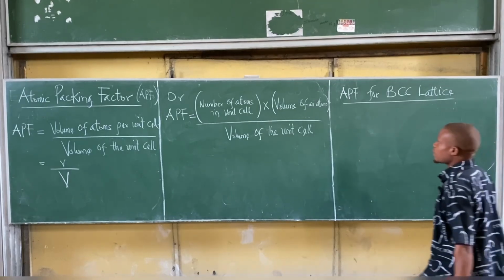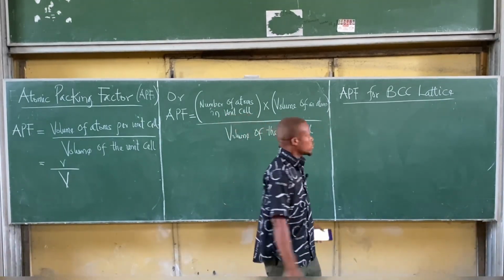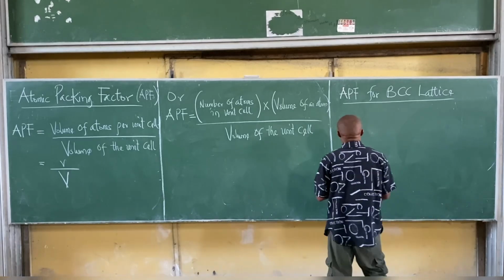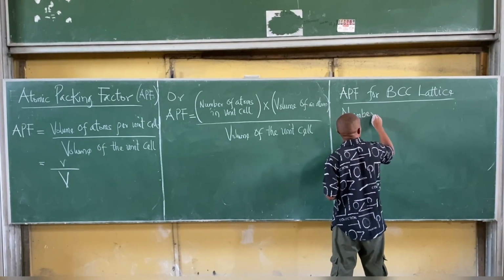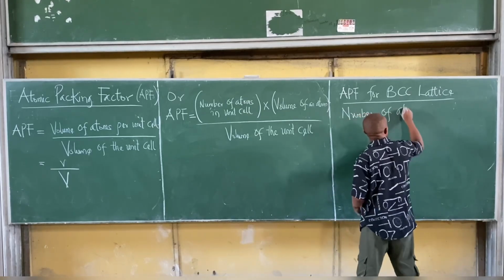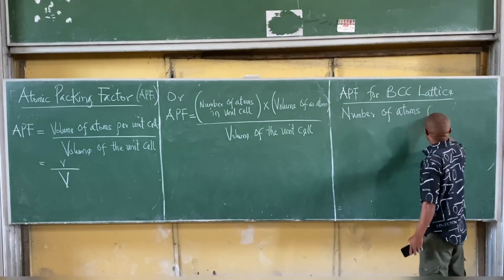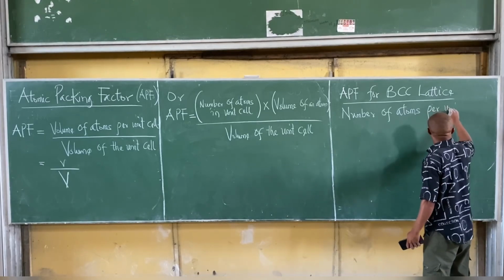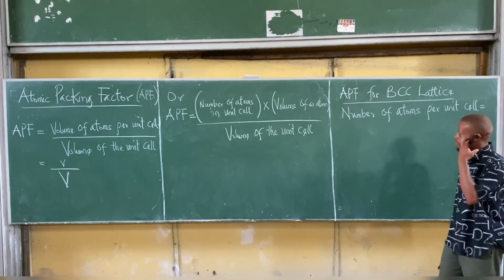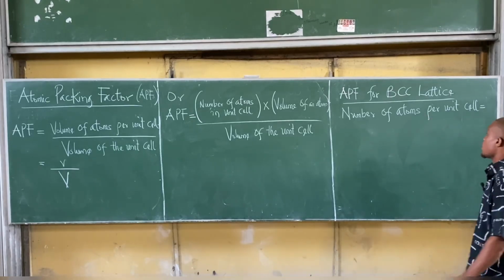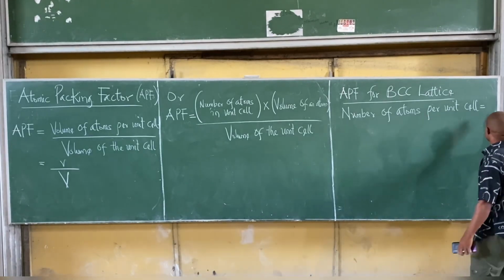Now, number of atoms in a unit cell for BCC. For a BCC lattice, the number of atoms per unit cell is equal to 2.